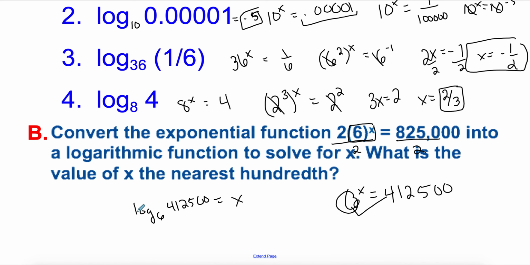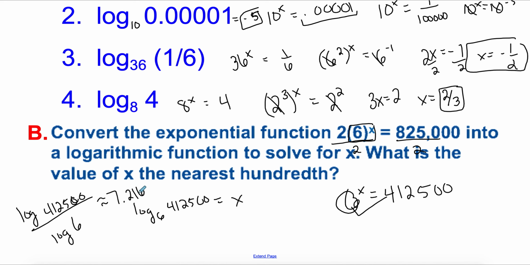So you take log of this big number divided by log of the base: log of 412,500 divided by log of 6. If we put this in our calculator, we should get about 7.21636. So let's just say 7.216.